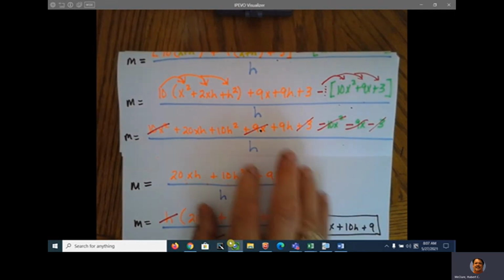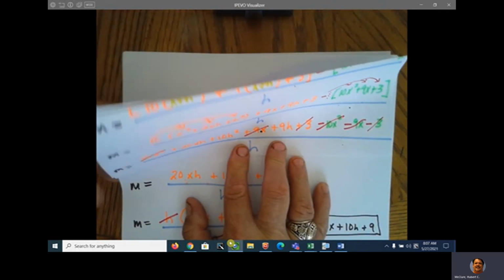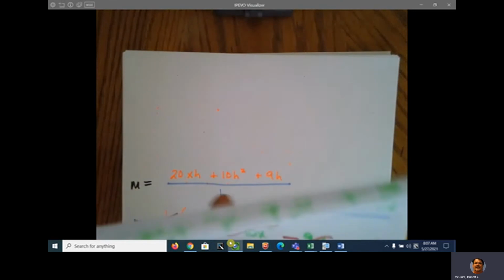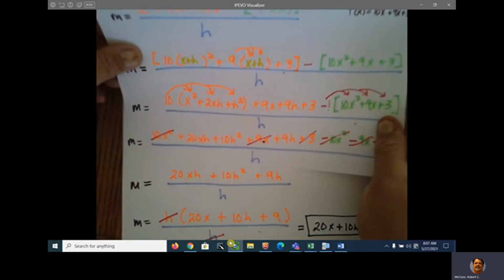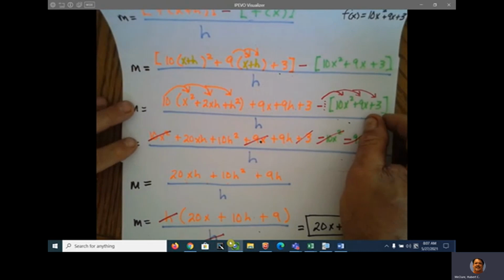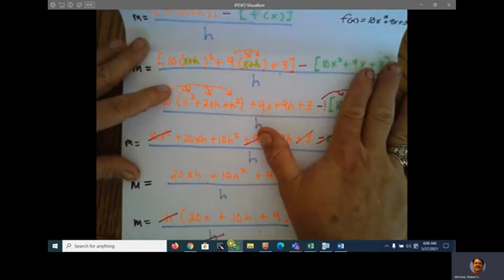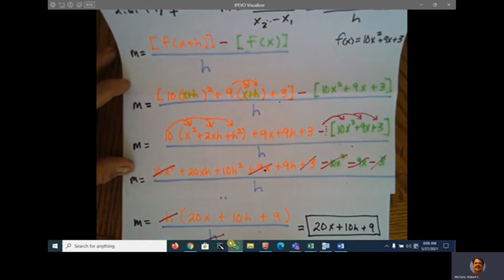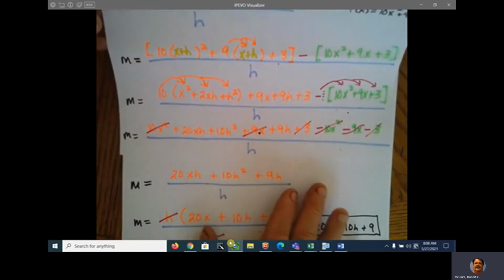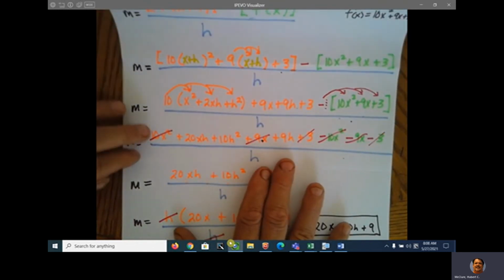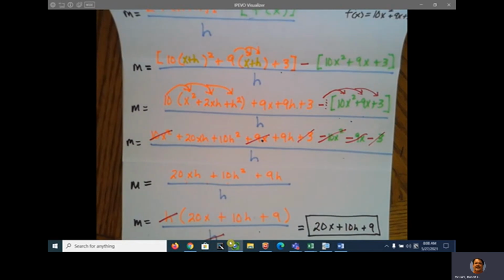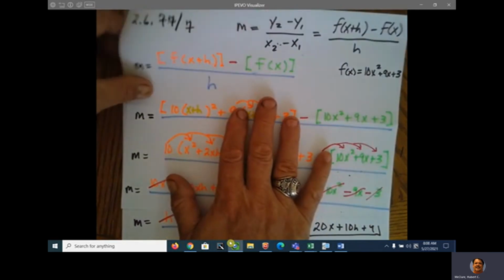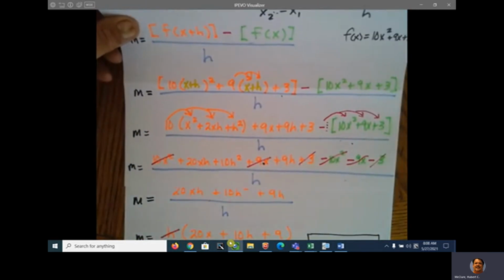Now, I wish I could show you the whole thing, but it's just too much for y'all. I mean, I write big so y'all can see everything on this piece of white paper. But I'm going to just leave, well, it's not going to cooperate.